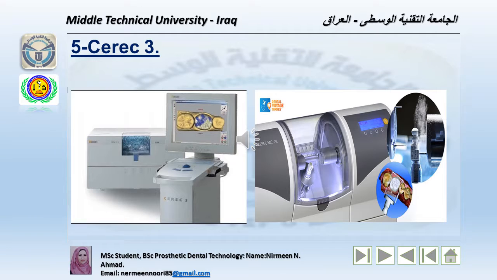Now we discuss the fifth type of the CAD-CAM system, which is the Cerec 3, following Cerec 1 and Cerec 2. Market launch was in 2000. The prepared tooth is imaged with a charge-coupled device camera, and a three-dimensional digital image is generated on the monitor.